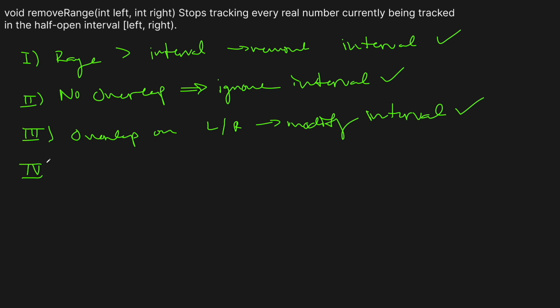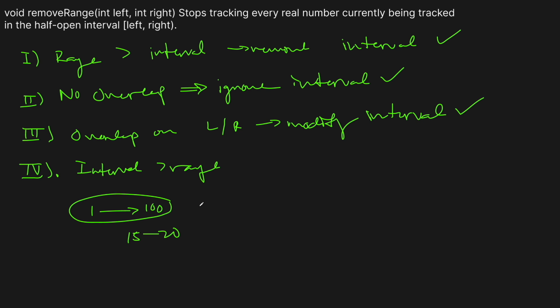And then the last case is that basically the interval is actually greater than the range. So for example, if we have an interval that's tracking basically 1 to 100, and we're asked to remove the range from, let's just say, 15 to 20, obviously this is inside of this range.